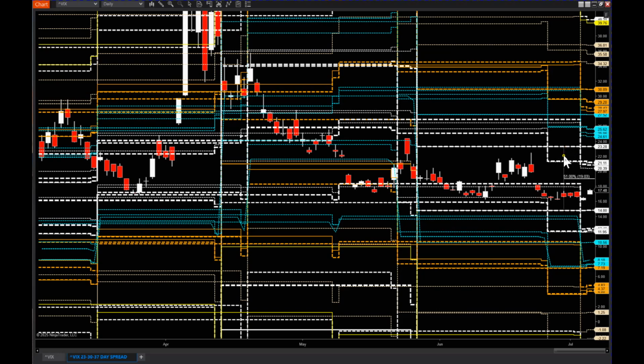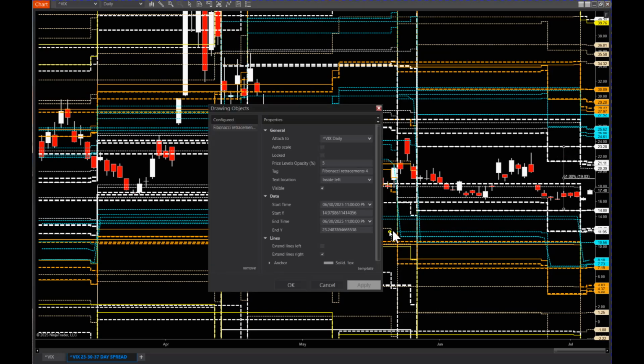So we have to be precise. 23.28. I do text location extreme right, lock it in, and change this to 14.80. Say OK.